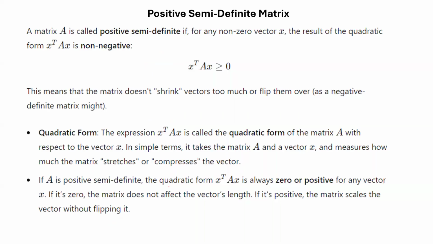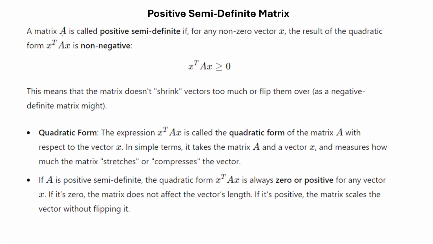Okay, let's go to the next slide, which is positive semi-definite matrix. A matrix A is called a positive semi-definite matrix if for any non-zero vector x, the resultant of the quadratic form x transpose A x is non-negative.